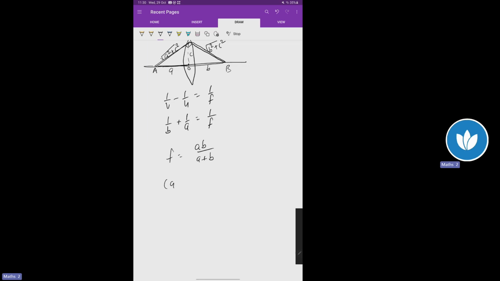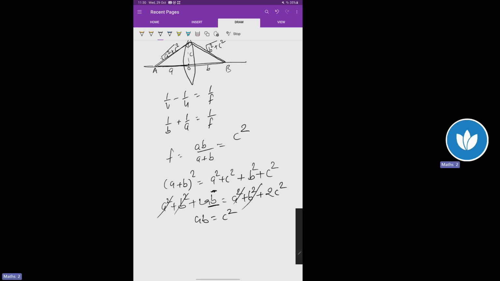So (A plus B) whole square is equal to A square plus C square plus B square plus C square. A square plus B square plus 2AB is equal to A square plus B square plus 2C square. From here, AB is equal to C square. So F is C square by A plus B. Option C.